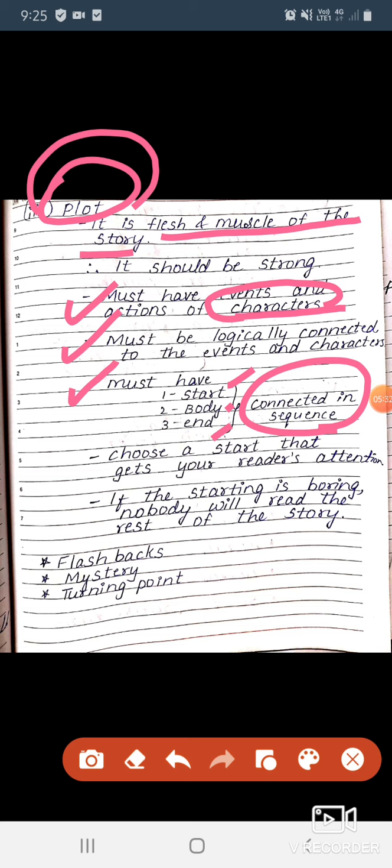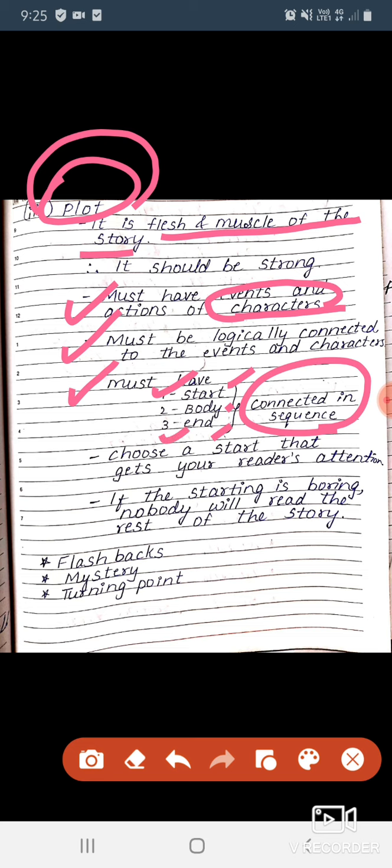Now, whenever we start writing, we should have a clear idea in our mind about the start, body, and end. Most of the times, what happens is when we start writing the story, suddenly we make scenarios about the end of the story and we start writing the end.